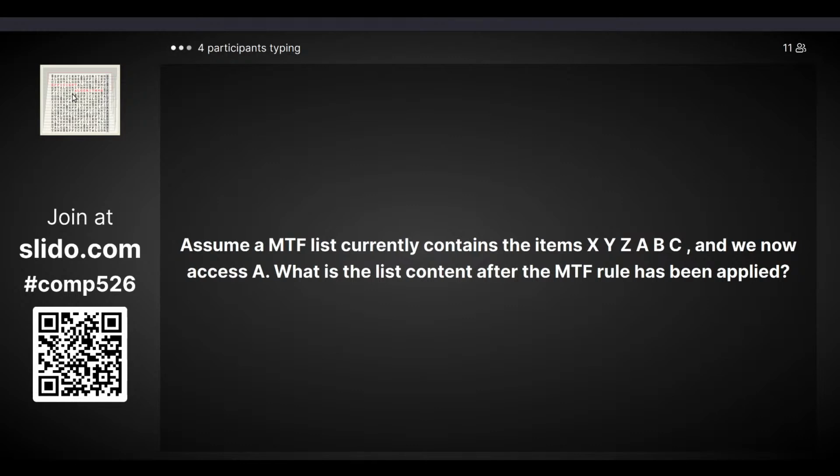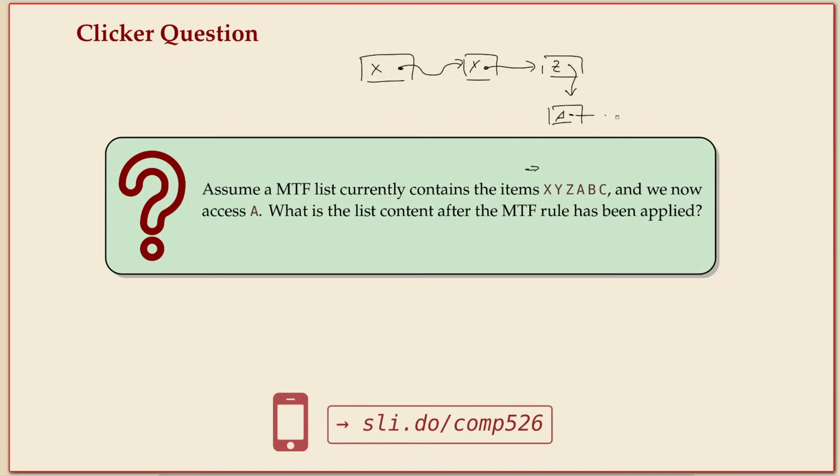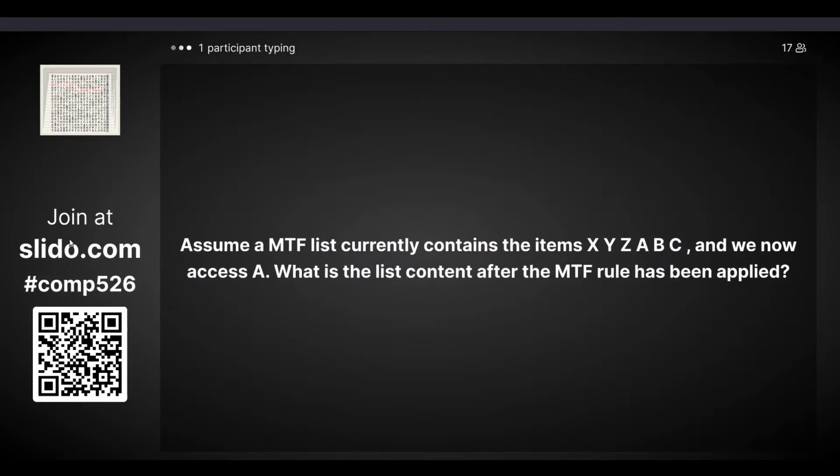Let's wait for 30 people again. 13 to go.